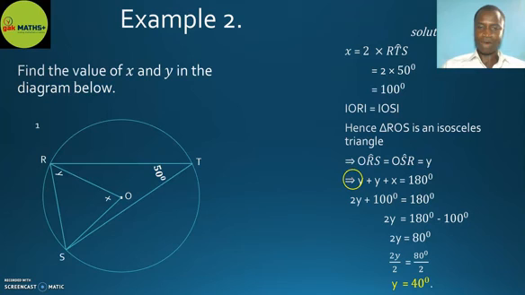So from the question, the value of x is 100 degrees and the value of y is 40 degrees. Great. Isn't it simple and more applicable according to the theorem? It's obvious. Now let's take these trial questions.